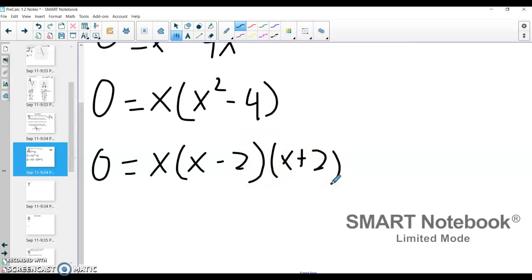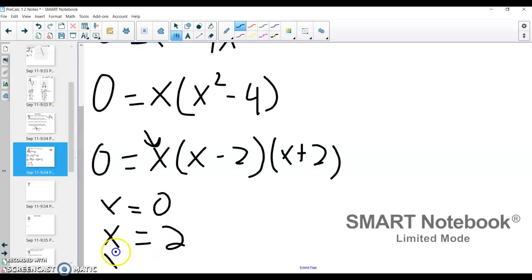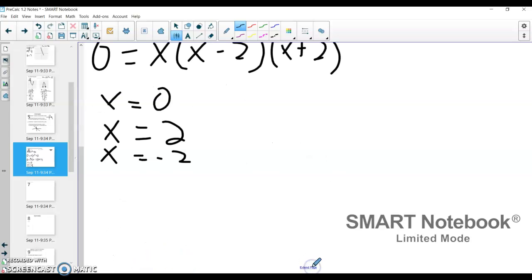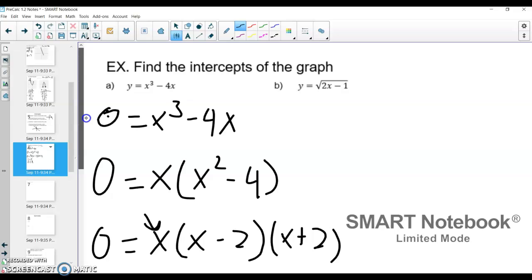And so we actually have 3 x-intercepts here. We have x equals 0 from this guy right there. We have x equals a positive 2. And we have x equaling a negative 2. And those are all our x-intercepts. It's okay to have multiple.